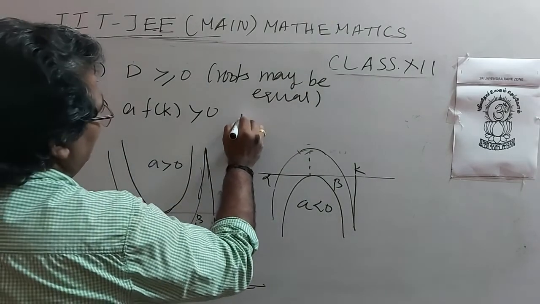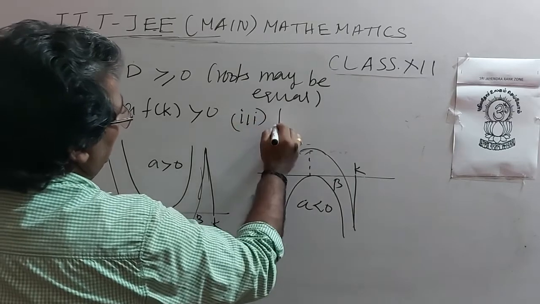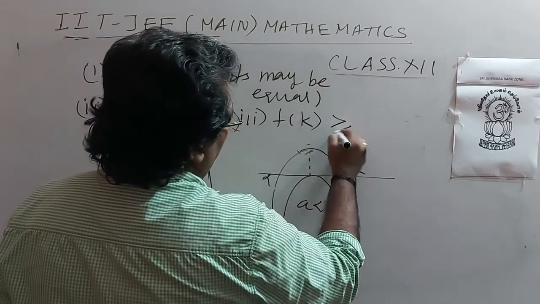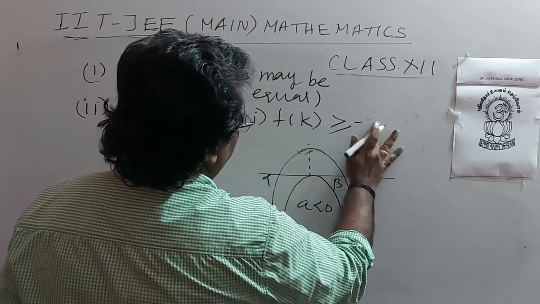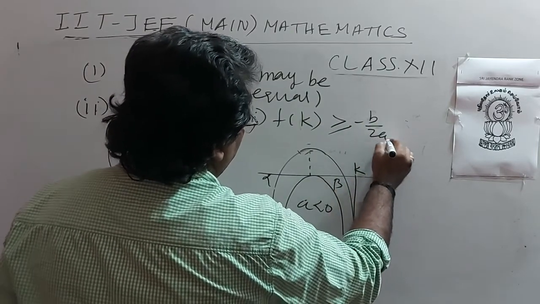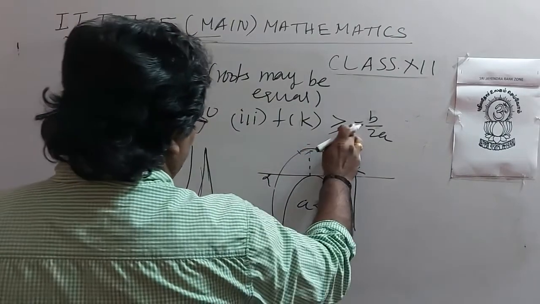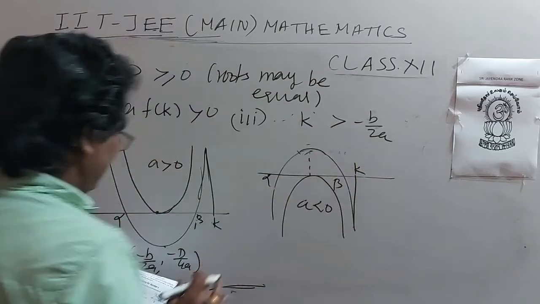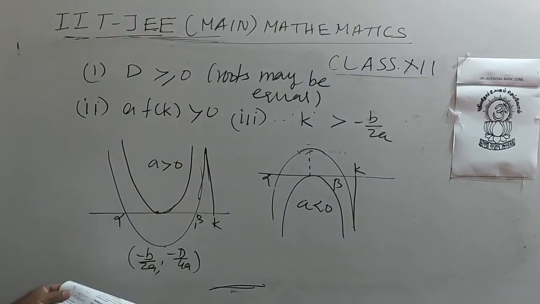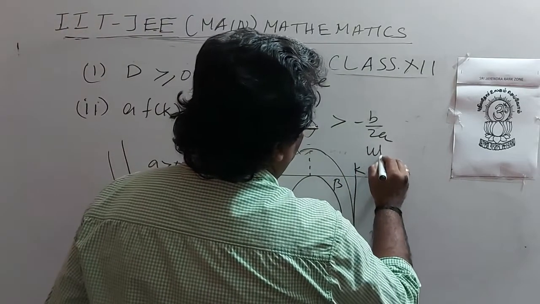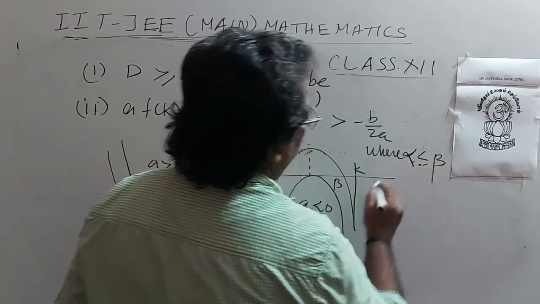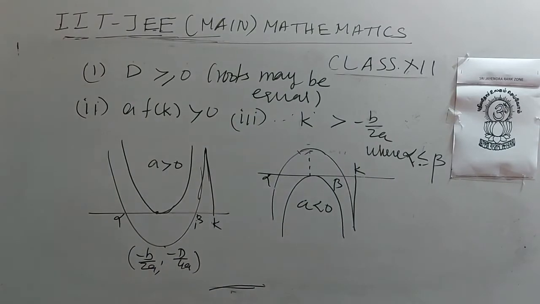The third condition, k greater than minus b by 2a, where alpha is less than or equal to beta.